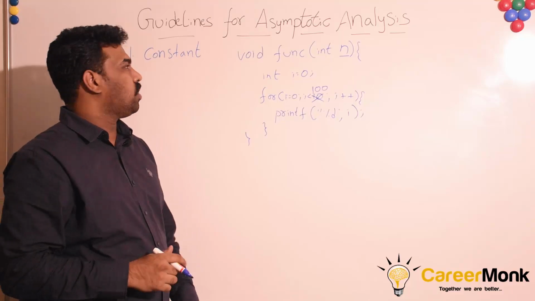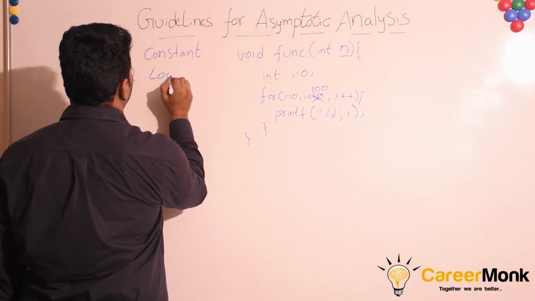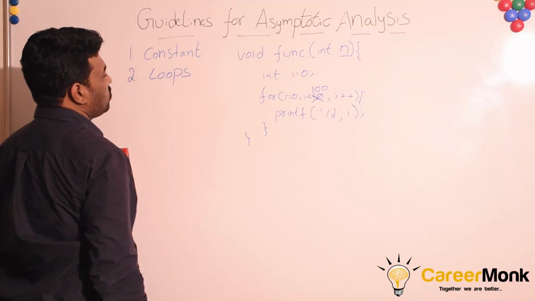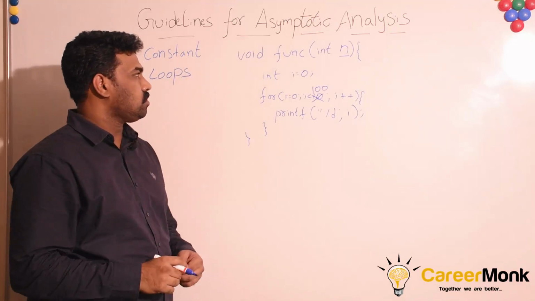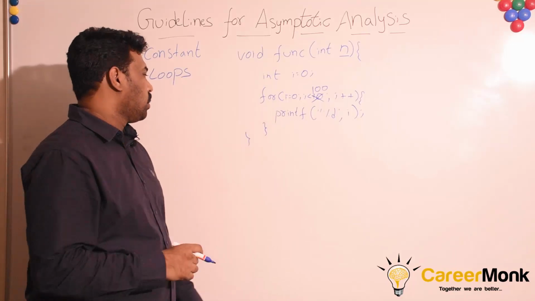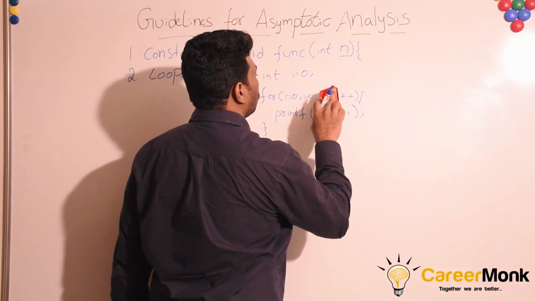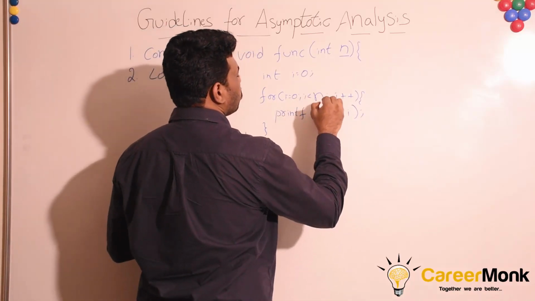Now let us see the next one, loops. Simple loops. If the code has loops, something similar to that, instead of having constants, let us say we have n here.